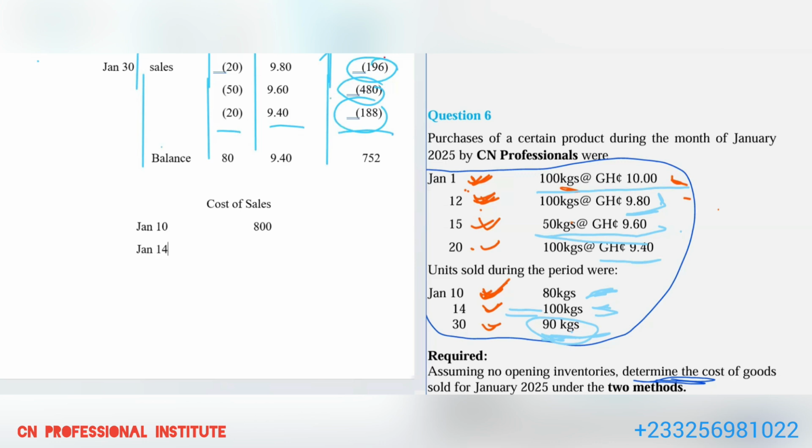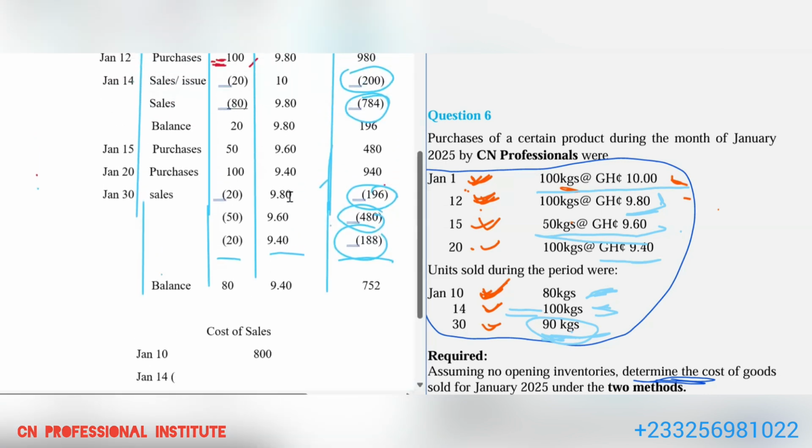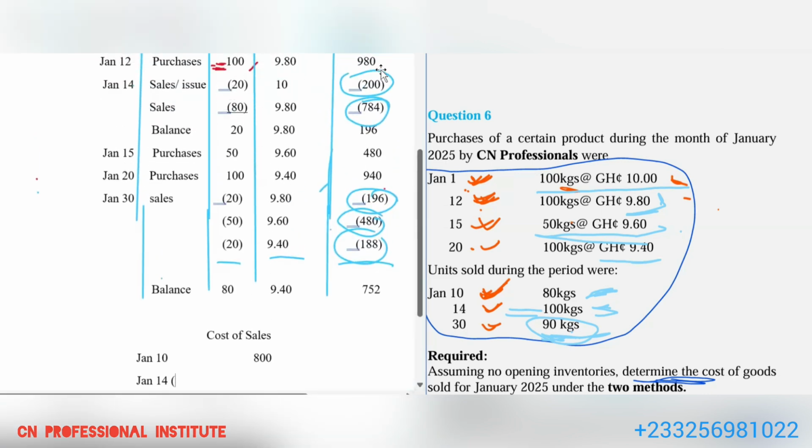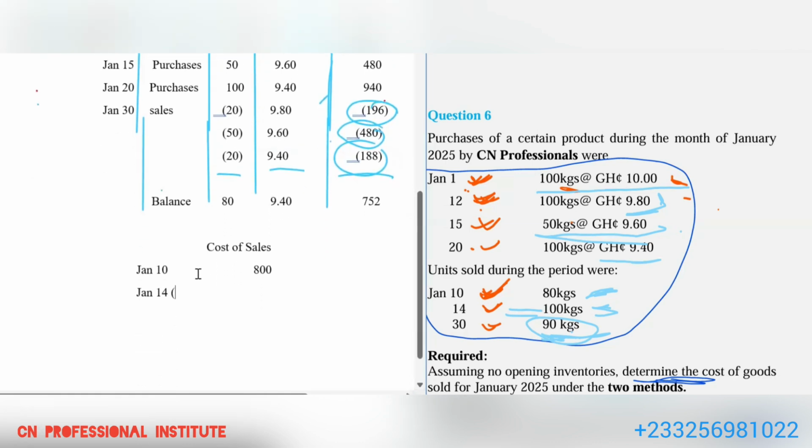We sold two, in two batches. So if you come to January 14, this 200 here, and then this 784. We just add the two together. So we had 200 plus the 784, and that will give us 984.